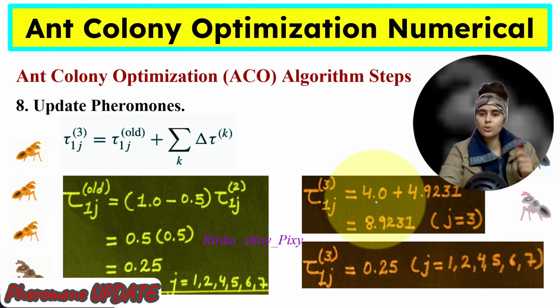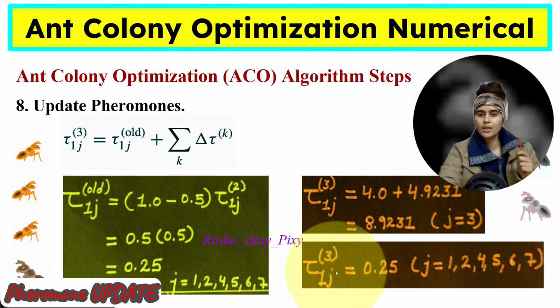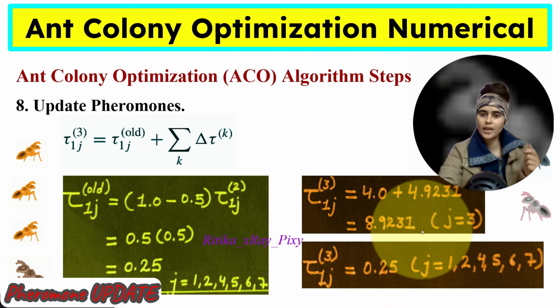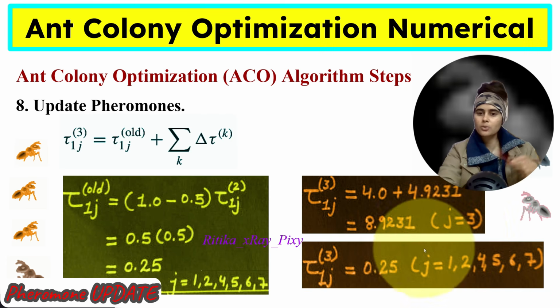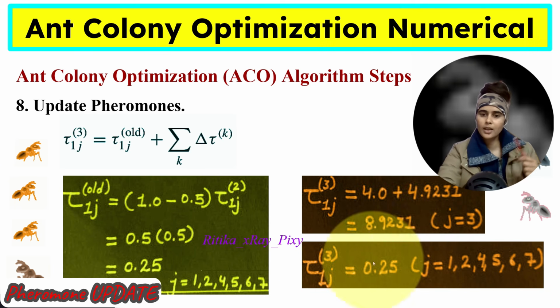You can see the older pheromone value 4.0 plus we put the value here, 4.931, and we get the new value. For the other path we have the older value 0.5, so we calculate this and get the new pheromone value for the other path, 0.25. So we have the new pheromone values for the third iteration: for the best path it is 8.9231, and for the other path 0.25.